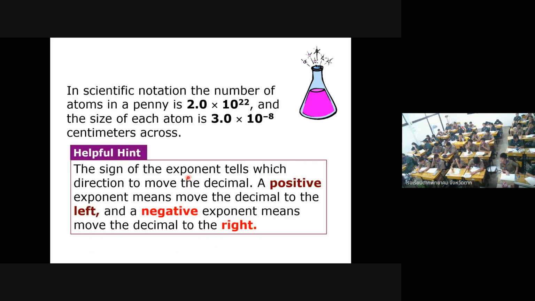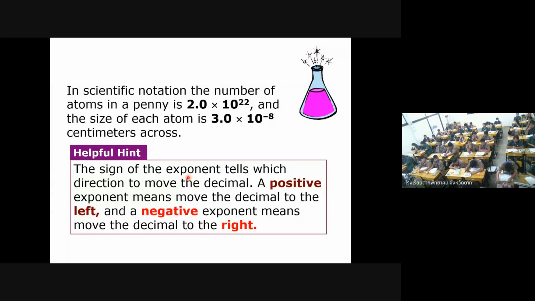Now, if we're dealing with the exponent n, it will have a positive exponent if the movement of the decimal point is from right going to the left.